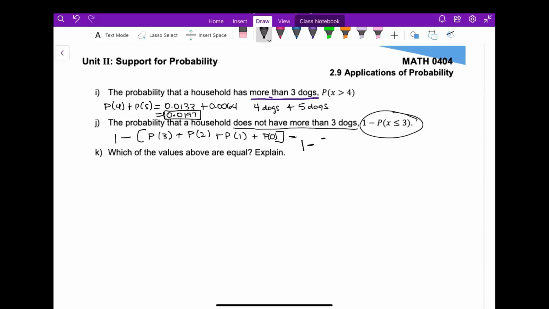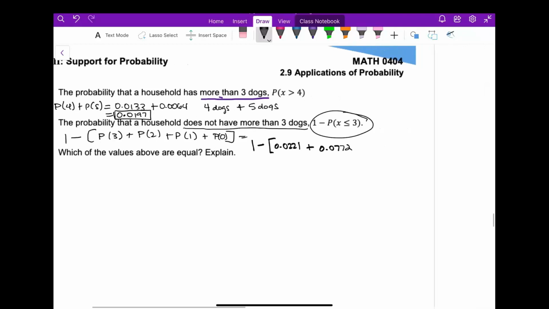We have 1 minus, and then probability of 3 is 0.0221 plus 0.0772 plus 0.194 plus 0.6855.